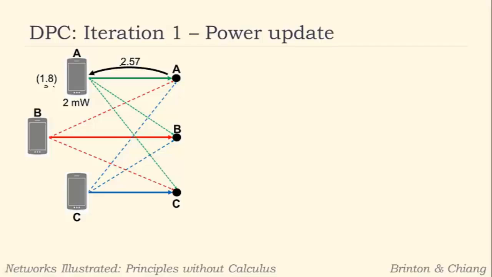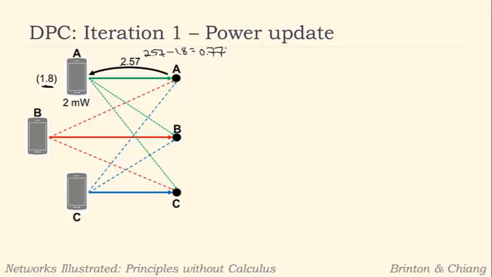And we want to go down towards a lower SIR because we want to get everybody in the end to their desired SIRs so that nobody's asking for too much. So we can subtract 2.57 and 1.8 to get 0.77. And what that's saying is that right now the SIR is too high by 0.77.